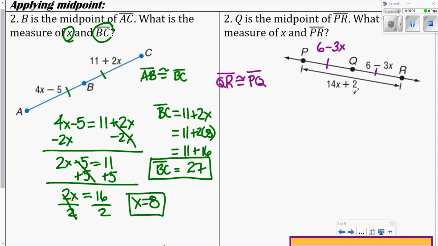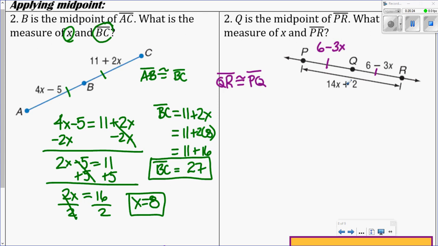Or you could just multiply this part by 2 and have this equal to that. Basically, you're adding these two to give you this one. Or you could set these two equal to each other.